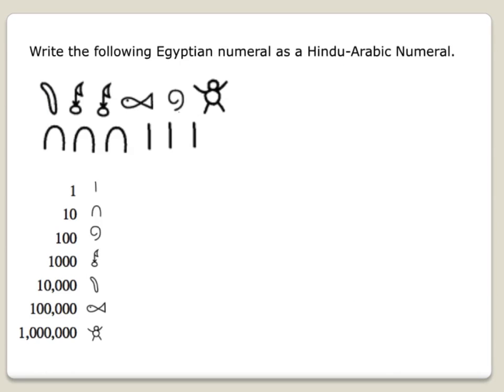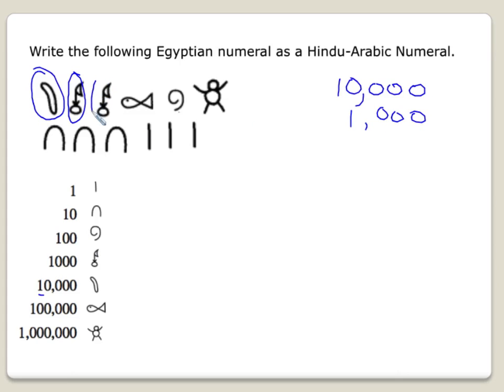Now, since this was an additive system, if we wanted to translate this back into Hindu-Arabic, we basically just have to identify what does each one of these stand for and then add them up. So if we look first at the pointing finger, we see it's worth 10,000. Now, here I see a lotus flower, and that one is worth 1,000.